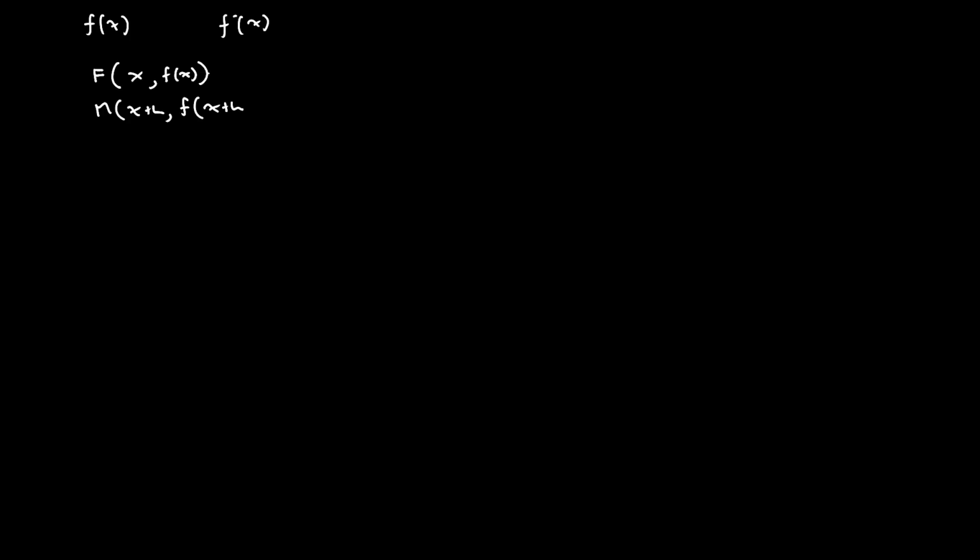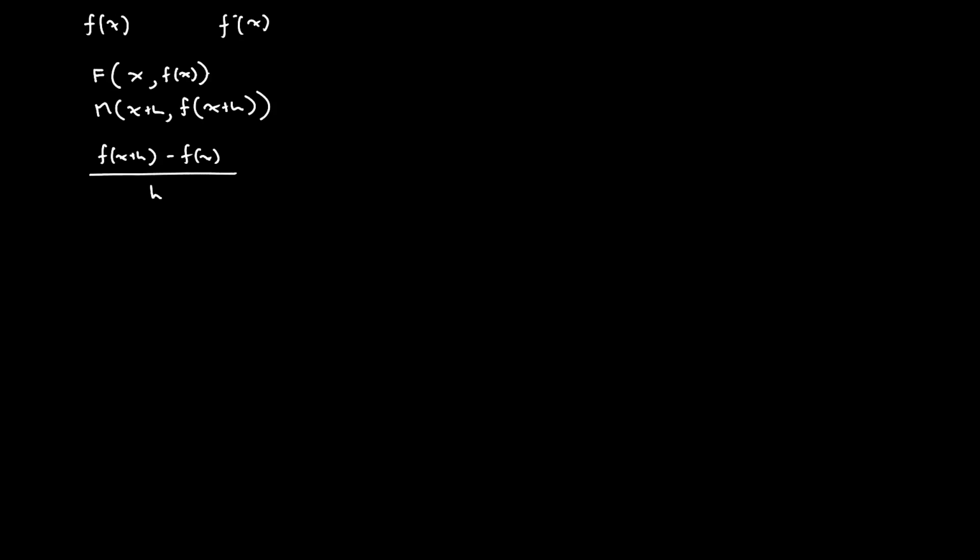of x plus h. Now I use from here my slope formula, and I'm going to get f of x plus h minus f of x over x plus h minus x. And of course those two x's will cancel out, so I'm really left with just h in my denominator.